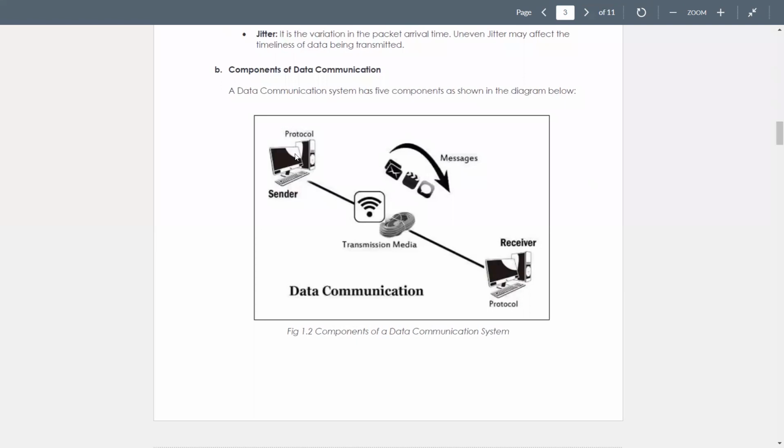Okay, components. I guess this is clear to you. Of course, to transmit data, it's the same as the manual transmitting of a message to another person. It's just like speaking. So we have a sender, we have the transmission media, or the process on how we transmit, how we would like to let the other party know the message.